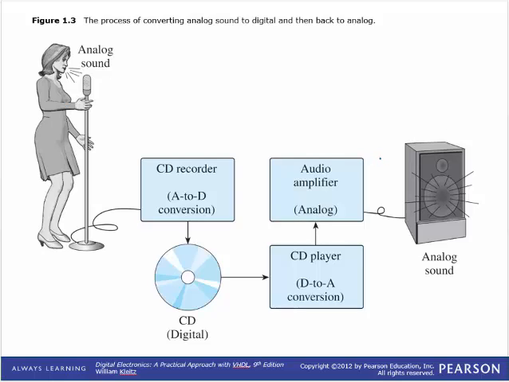Another illustration out of the textbook is that you can go from analog to digital, and then you can go back digital to analog. So here this lady is singing, making an analog sound. It gets recorded, an analog to digital conversion takes place, and that's how it's stored on a CD in digital format. Old vinyl record players stored the information in an analog format.